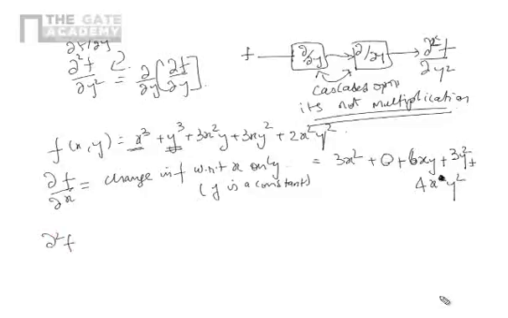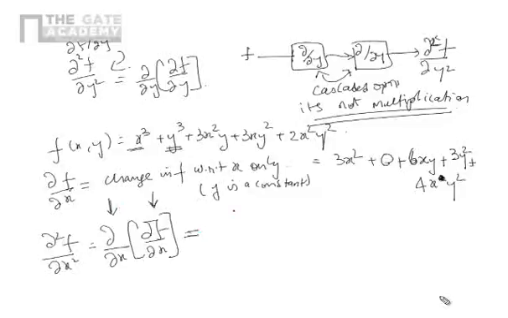So from this, what is ∂²f/∂x²? It is nothing but ∂/∂x of ∂f/∂x. Remember, it's not multiplication, it's a back to back operation. So I take the result of ∂f/∂x and apply another derivative there. I do the operation once again.